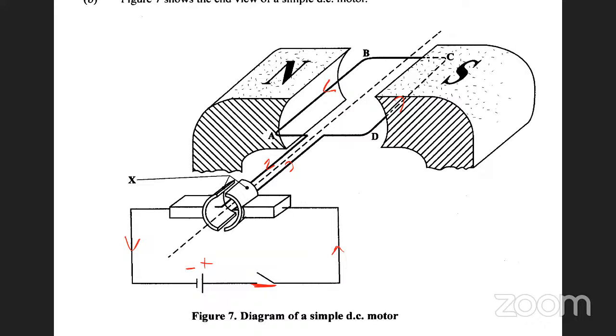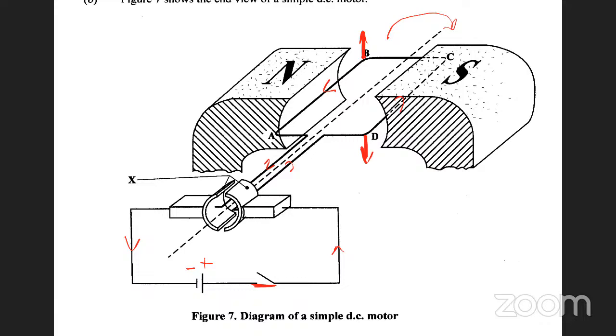What's number two? What do they ask? The force. So the force exerted, by the left hand rule: the force exerted on DC is downward, and the force exerted on BA is upward. It will turn in a clockwise direction.